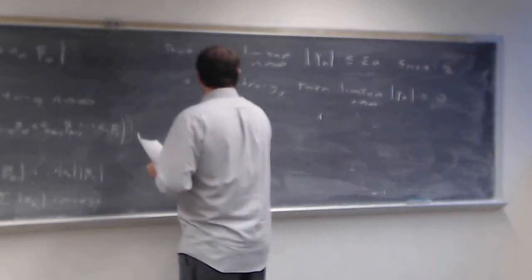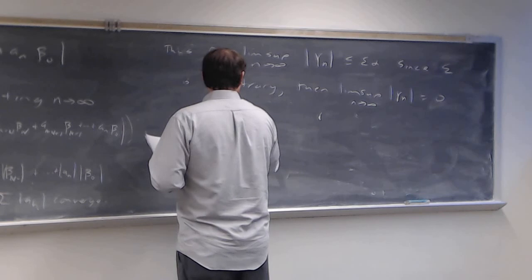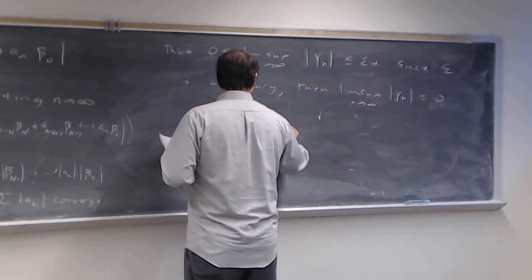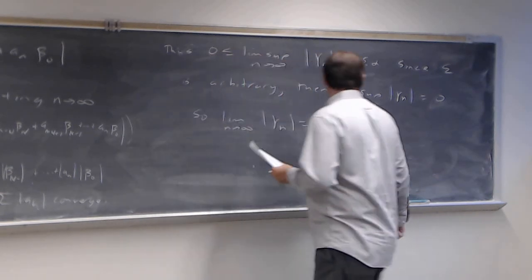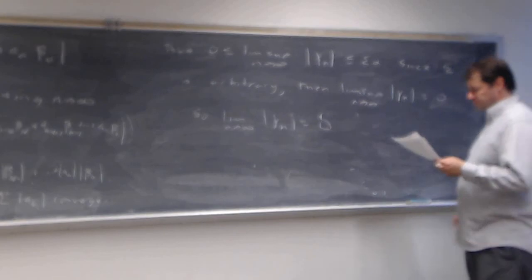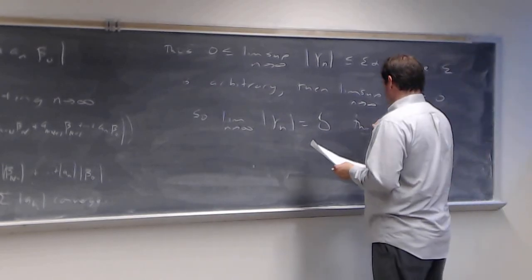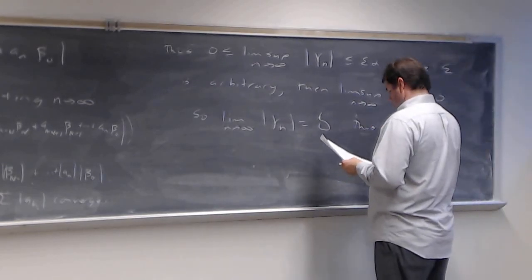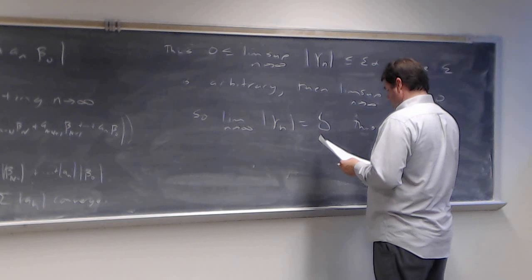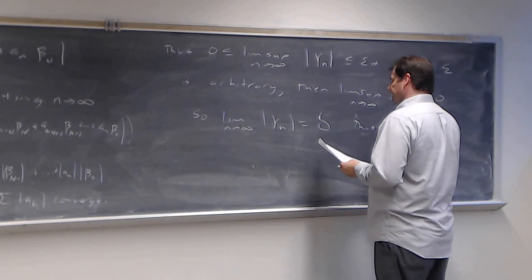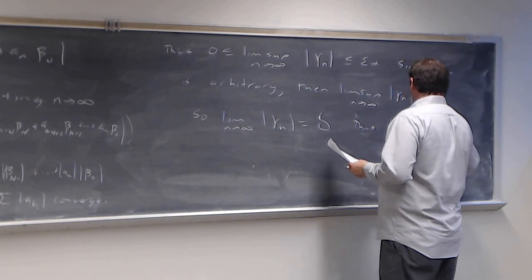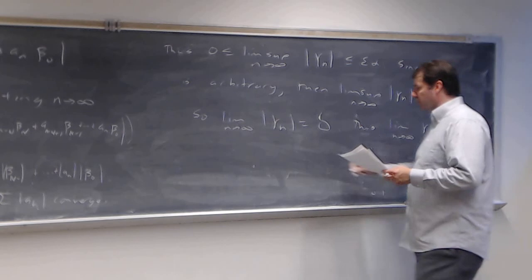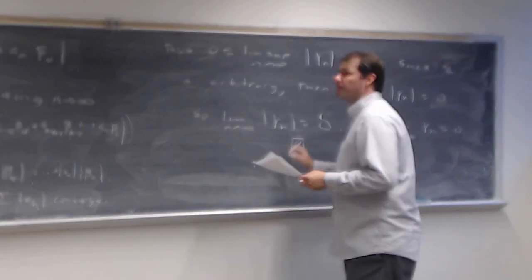And so what that tells us is that the limit as n goes to infinity of gamma sub n equals 0. That's what we want to prove. So that ends that theorem.